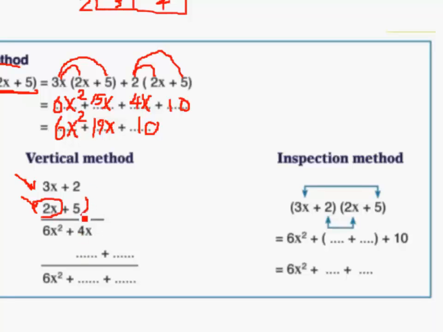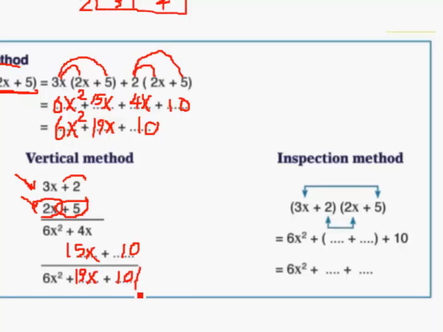Here we multiply plus 5 times 3x plus 2, which gives 5 times 3x is 15x. We have to write it under x. So here we have 15x plus 5 times plus 2 is equal to plus 10. Make addition, this line plus this one will give 6x squared plus 4x plus 15x is 19x plus 10.